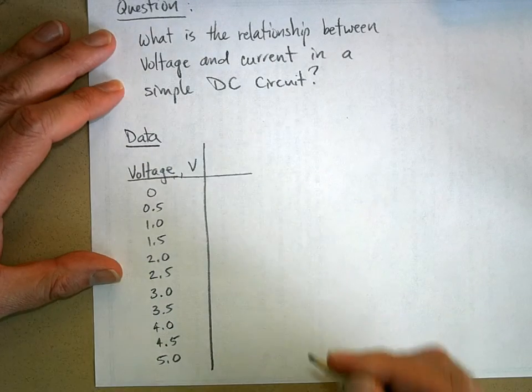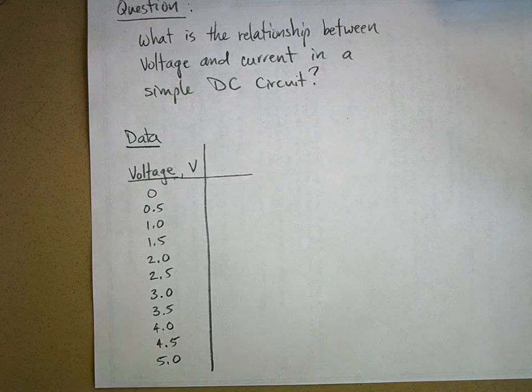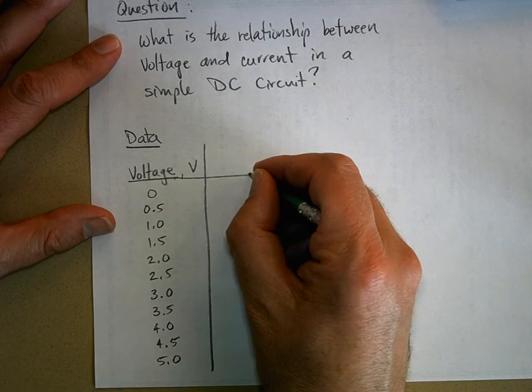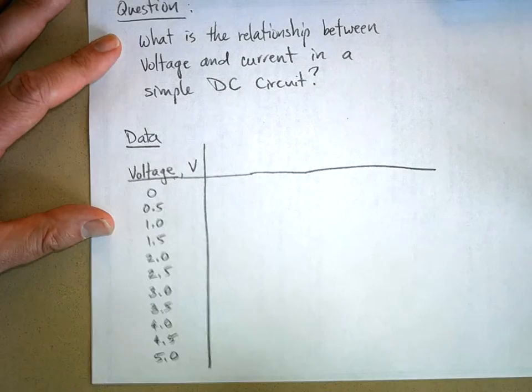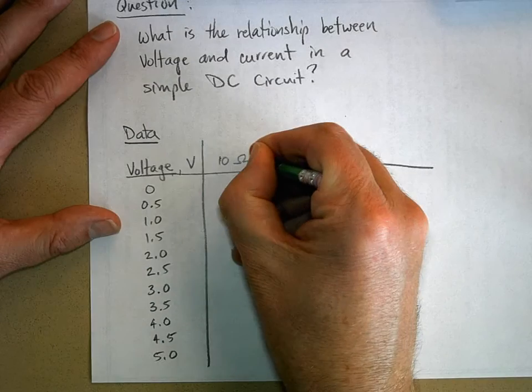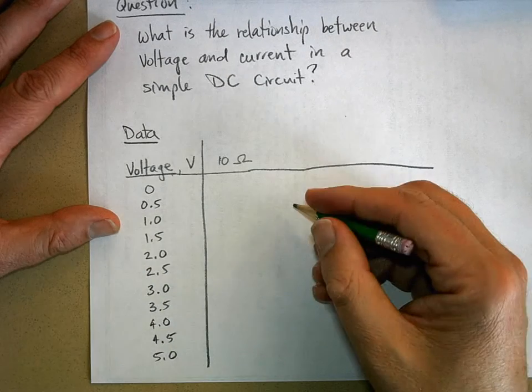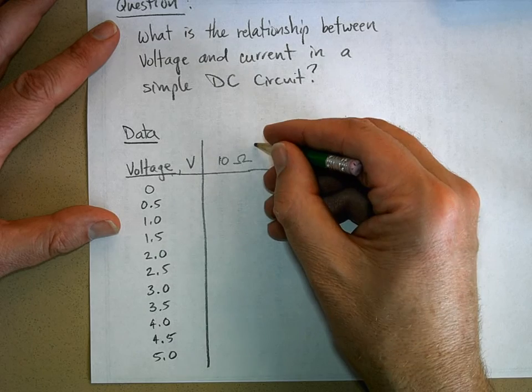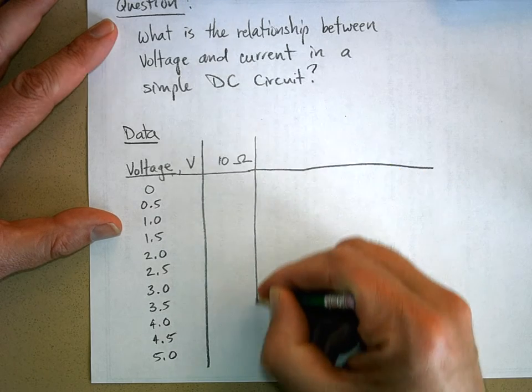So now we're going to do this 3 times. We're going to really have 3 different trials with 3 different resistors. The first resistor, and we'll definitely check on it, is going to be a 10 ohm resistor. And what we're going to do for the 10 ohm resistor is measure the current.